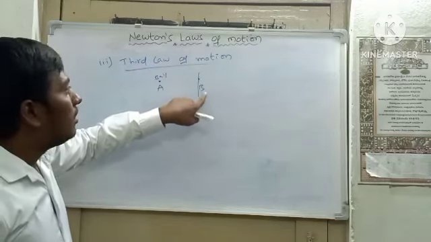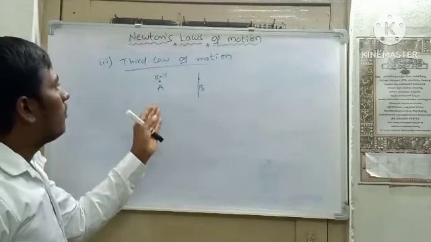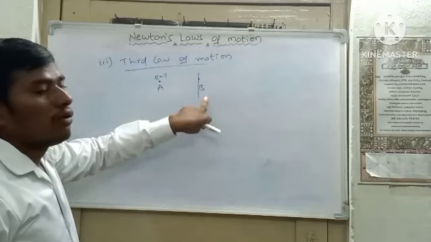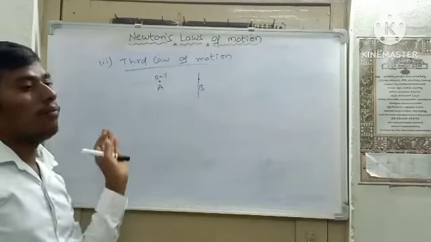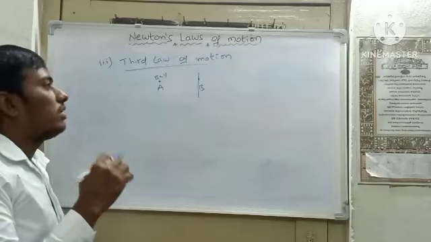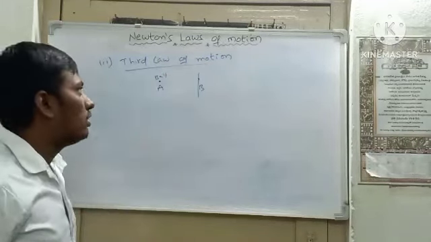Immediately the ball returns to us. Whatever force is exerted by the ball on the wall, the same force is exerted back by the wall, but in the opposite direction. That's why the ball we throw on the wall is returned to us.